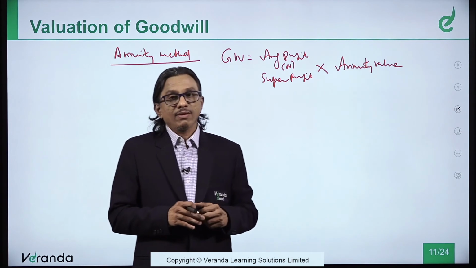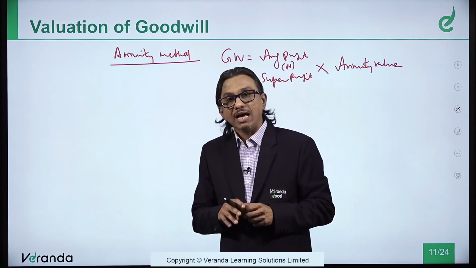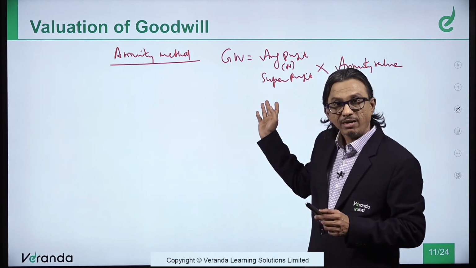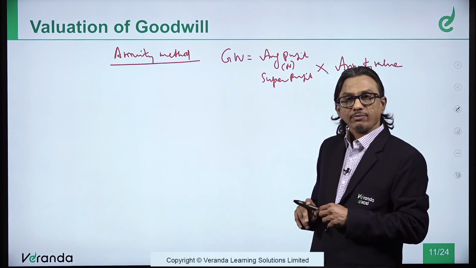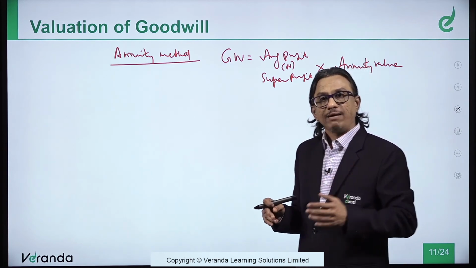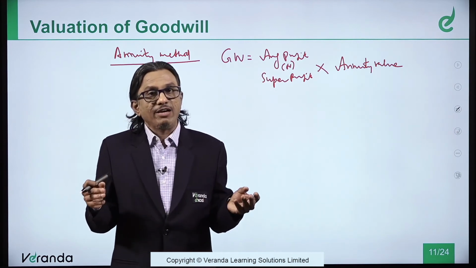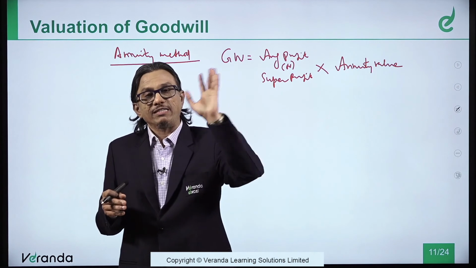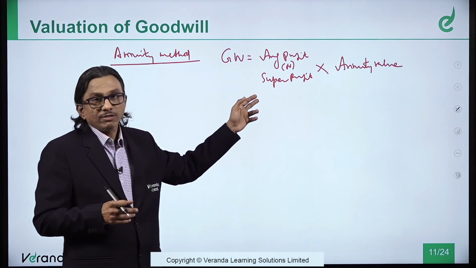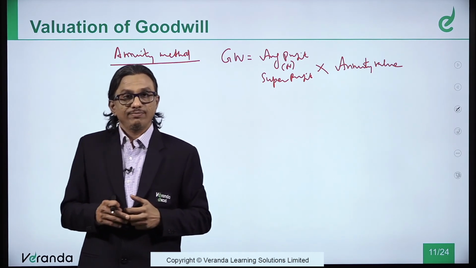Therefore, under this method, value of goodwill is equal to average profit or super profit multiplied by annuity value. How to find the annuity value? Sometimes it is given in the question itself. Annuity value is 3.1053, something like they give, then it is easy. Find the average profit, super profit, multiply, you get the value of goodwill.